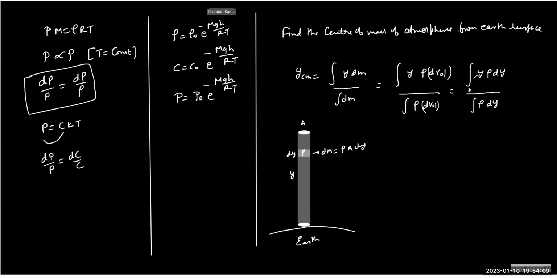And then you have to integrate from 0 to infinity, because technically our answer is up to infinity. And the y is y. The rho we know is rho naught e power minus mgh upon RT.